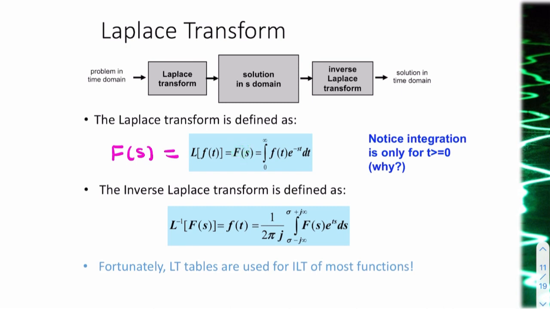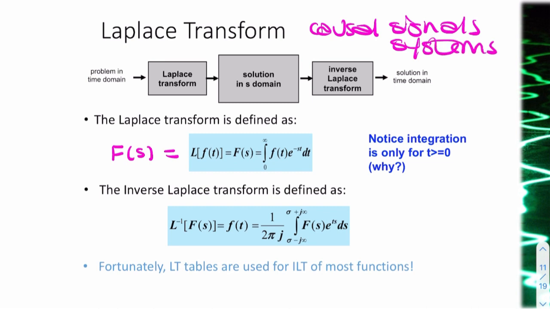So you integrate your function f of t, e to the minus st. Now here we are looking at Laplace transforms for causal signals and causal systems. And that will explain why we're not integrating from minus infinity.